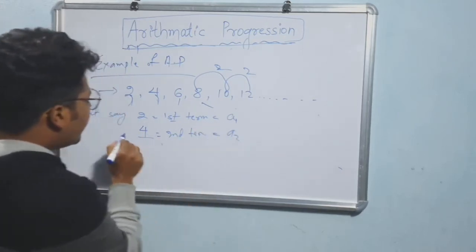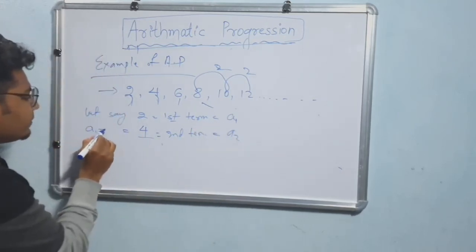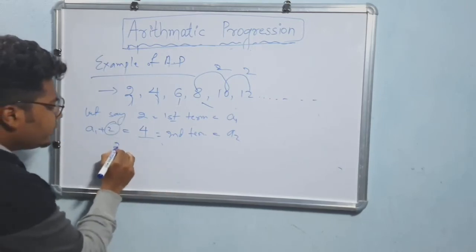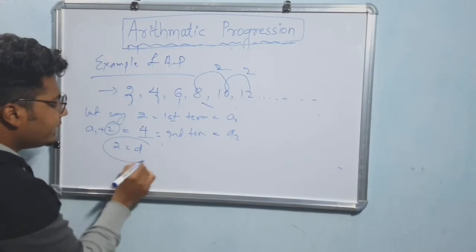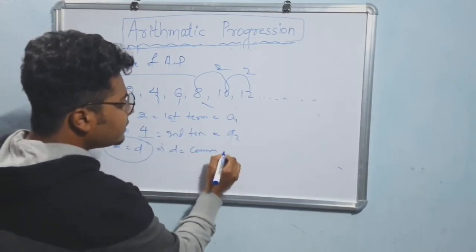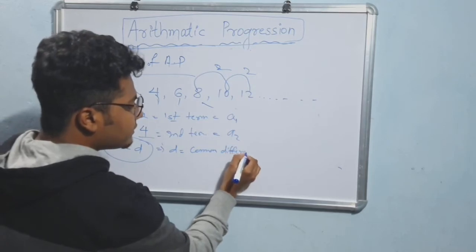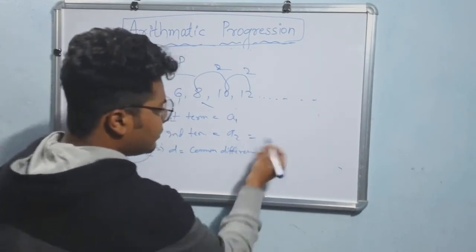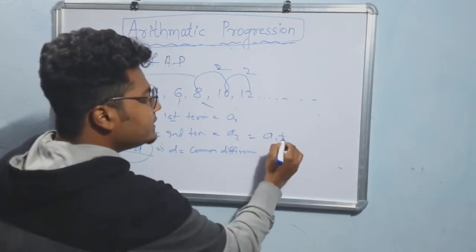You can see 4 is also obtained by A1 plus 2. So 2 is the common difference, which is denoted by D. A2 is also found by A1 plus D.